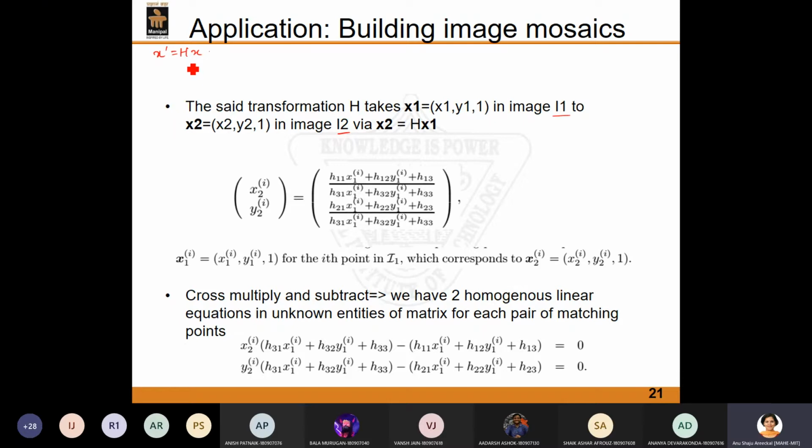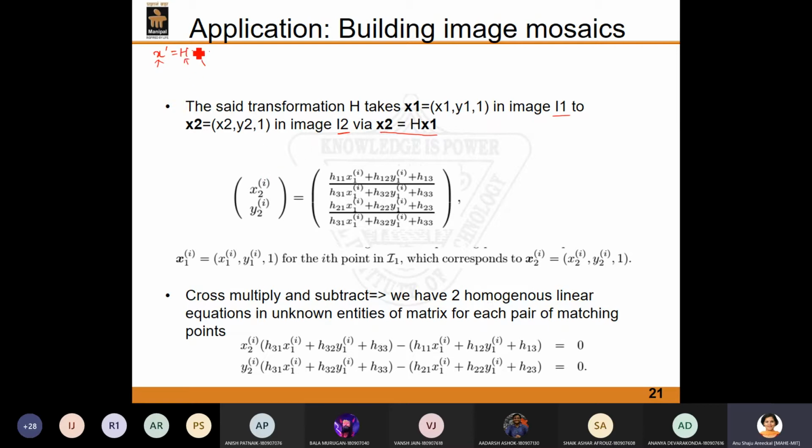This is something we've seen earlier, where H is the projective transformation matrix. x is the point before the transformation, and after applying the transformation on the point x, what we get is x'. Something we have already discussed. So the same concept can be applied over here also. I can write it as x2 = Hx1, where x1 is a point in image I1 and x2 is a point in image I2.